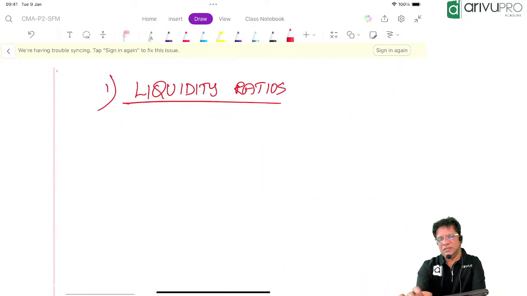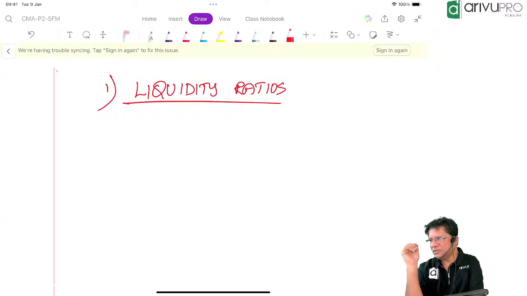Yesterday I said not only calculation but interpretation, what it is, we should understand. Some of these ratios you know already from BCom, where you studied financial statements, ratio analysis, current assets, current liabilities, current ratio, liquidity ratios.